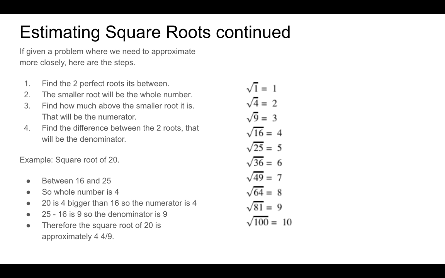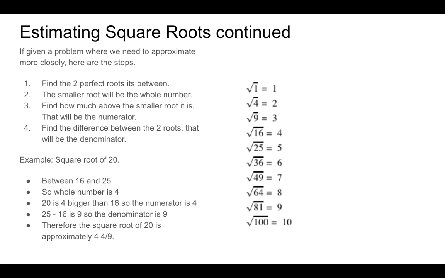Looking on a calculator now, we would see that the square root of 20 actually equals 4.472, and so on. The exact value is 0.4721.